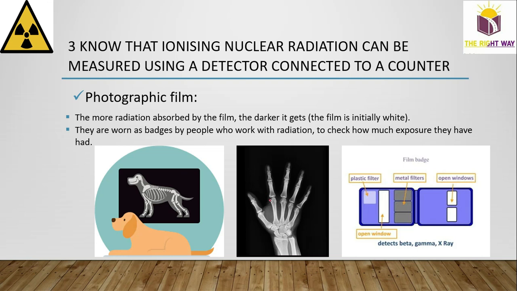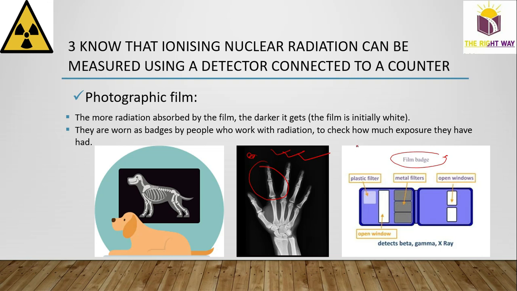The radiation could not pass through the bones of our hand, so that place is white. Except for these, all the places become black because more radiation is absorbed at this part.